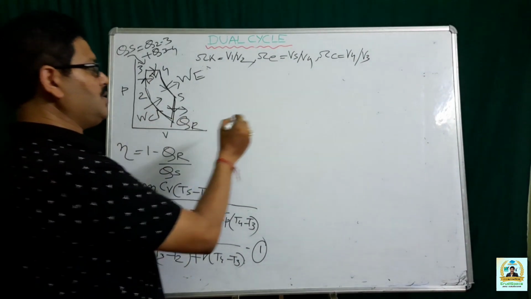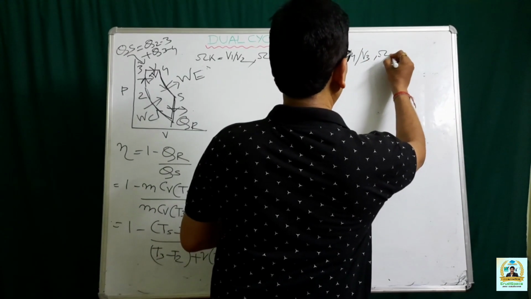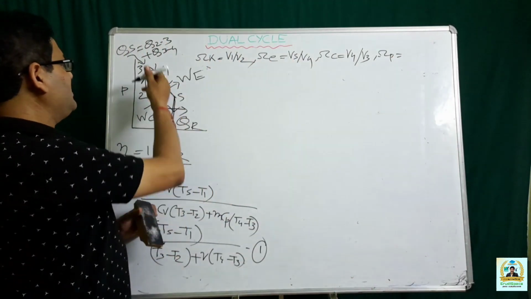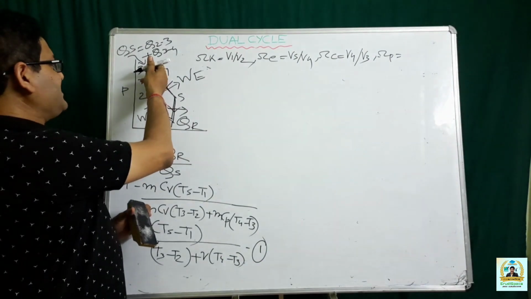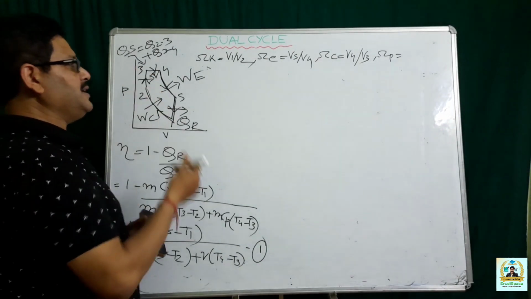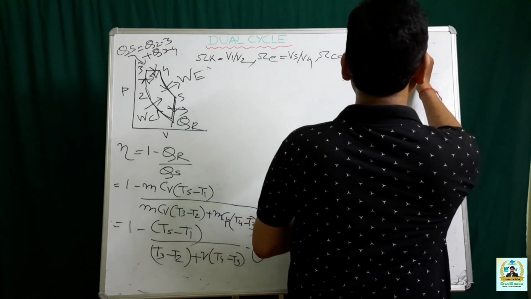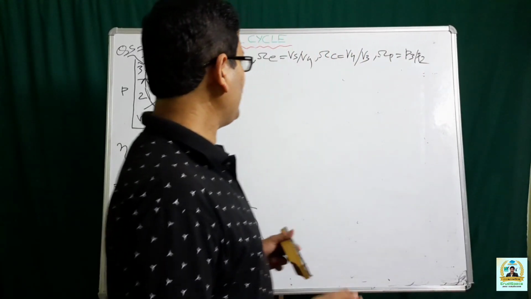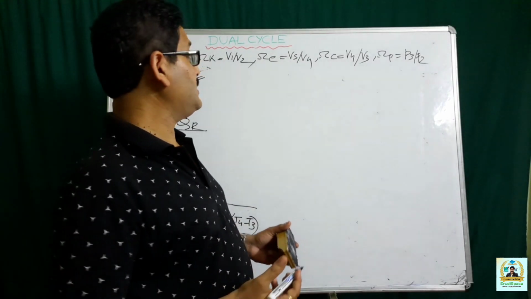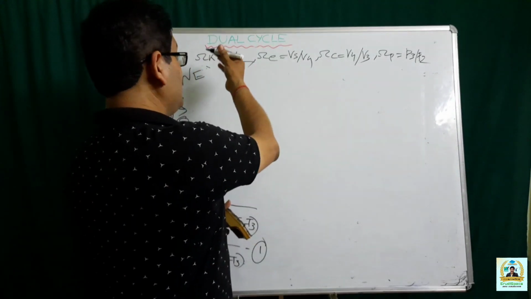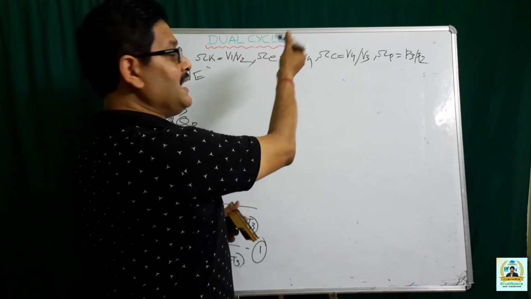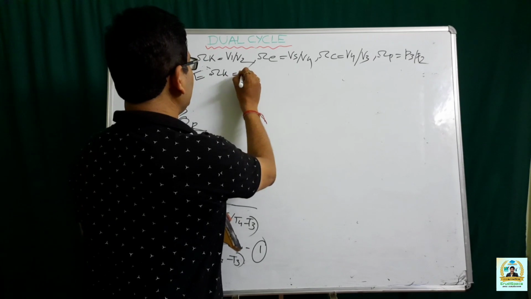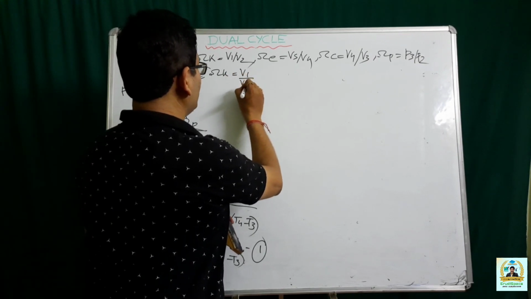The constant volume pressure ratio, denoted by Rp, is the ratio of the pressure at point 3 to the pressure at point 2. This is P3 by P2. Now first we will establish the relationship between the three ratios Rk, Re and Rc. All of us know that Rk is V1 by V2.